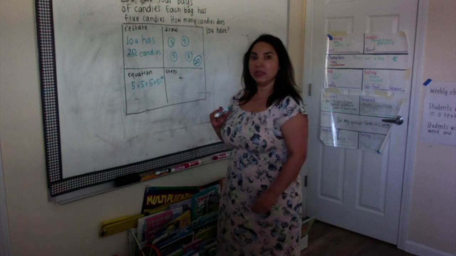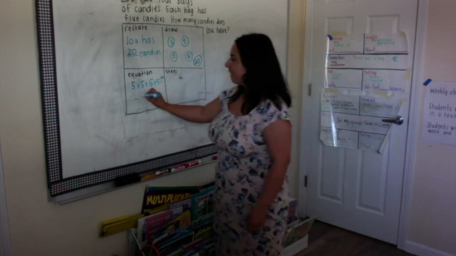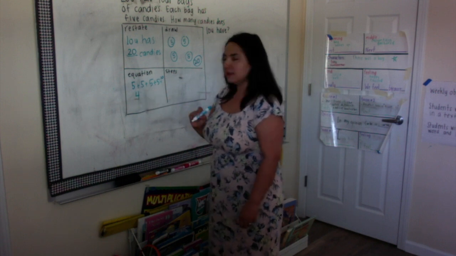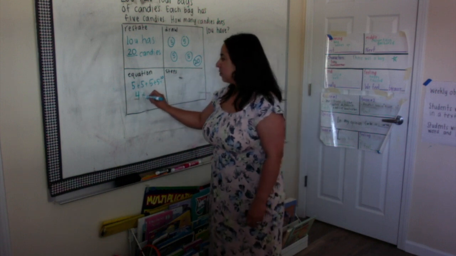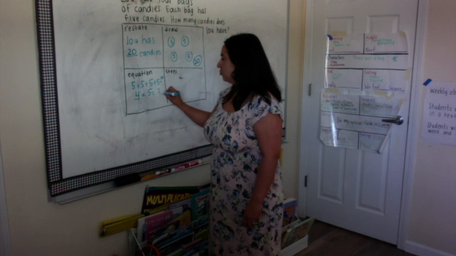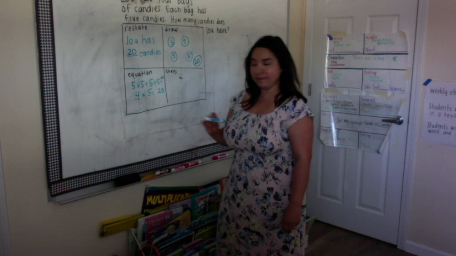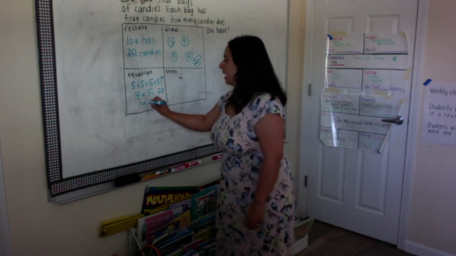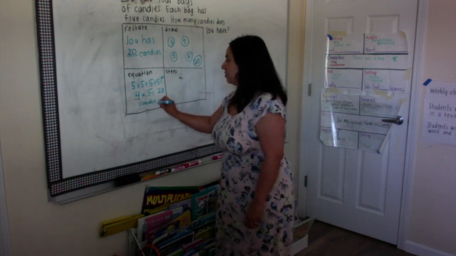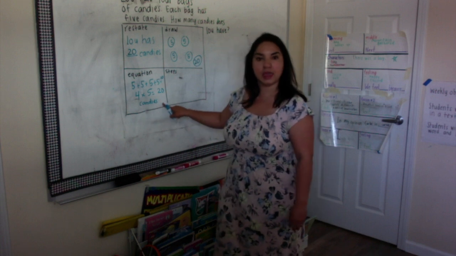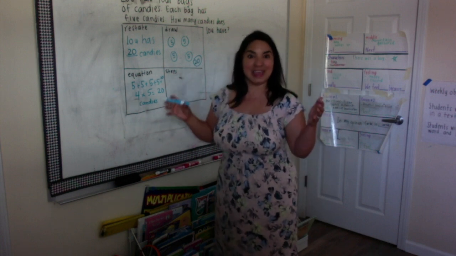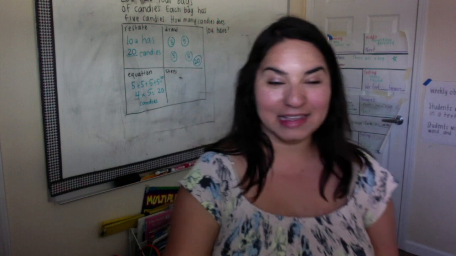Now, how many groups do I have? I have 4 groups of 5, and my answer is 20. But I'm not talking about 20 hot dogs, am I? I'm talking about 20 candies. So make sure that you put the unit that you're working with, okay? 20 candies. Very good job, guys.